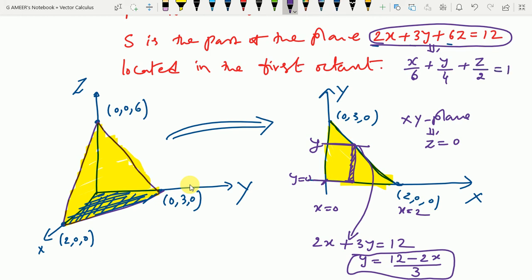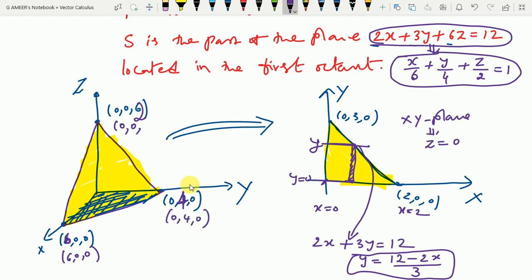Once you write it like this, the coordinates will be 6 0 0, then 0 4 0, then 0 0 2.